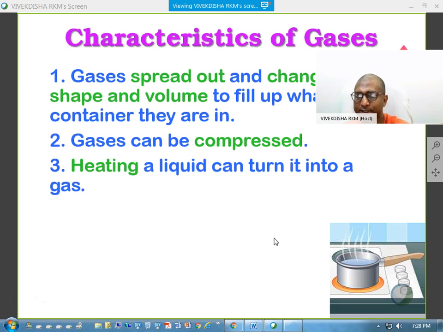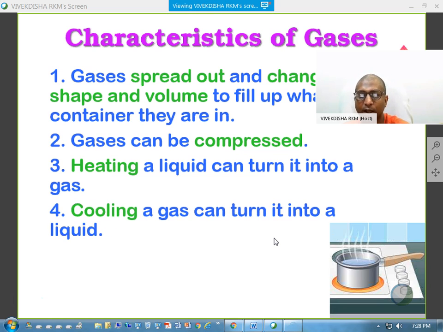So change of state is there, and we talked about earlier also, and we know in our day-to-day experience also. Cooling a gas can turn it into a liquid. Very simple one. So cooling a gas turns it into a liquid. Write it. So we will jot down in a single place the characteristics of solid, liquid and gas.